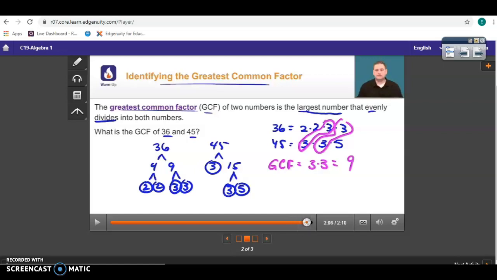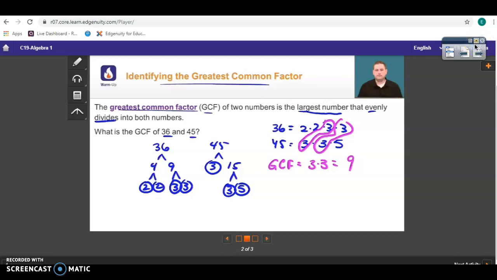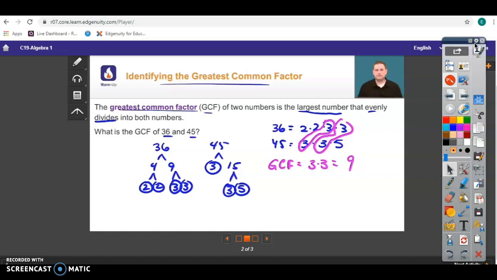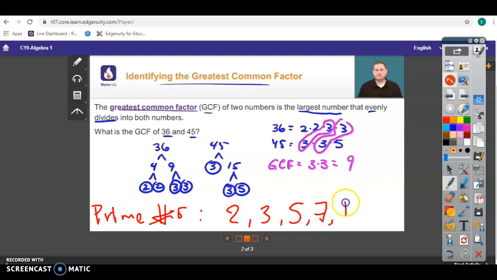Right? You do the factor tree until you get to the prime numbers. If you don't remember what prime numbers are, you can Google it and it gives you the long list of prime numbers: 2, 3, 5, 7, 11, 13, 17, and so forth and so on.